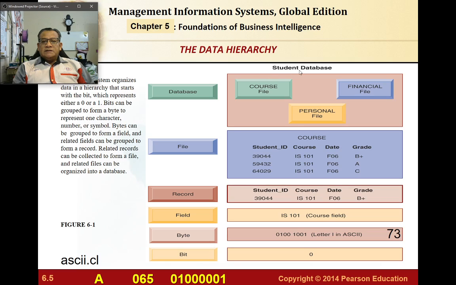The student database consists of the courses that the student took, the financial status, and the personal information file, for example name, IC number, and matric number. Under this database, there is a file.